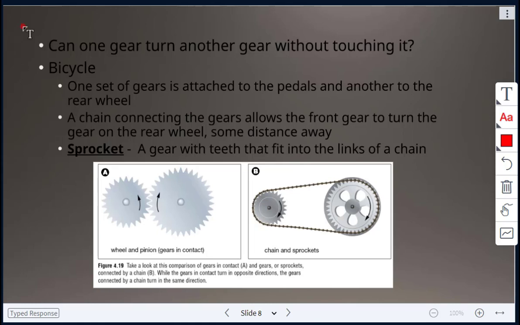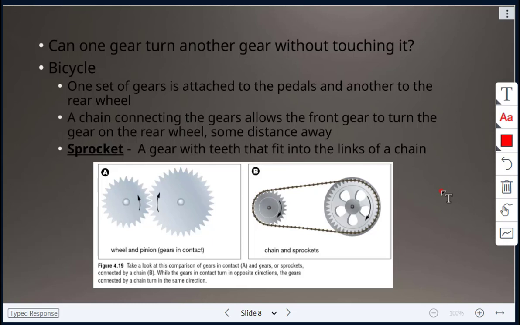Can one gear turn another gear without touching it? We can see this happen in bicycles. One set of gears is attached to the pedals and another to the rear wheel. Then we have a chain like this here, connecting the gears, and that allows the front gear to turn the gear on the rear wheel, some distance away.